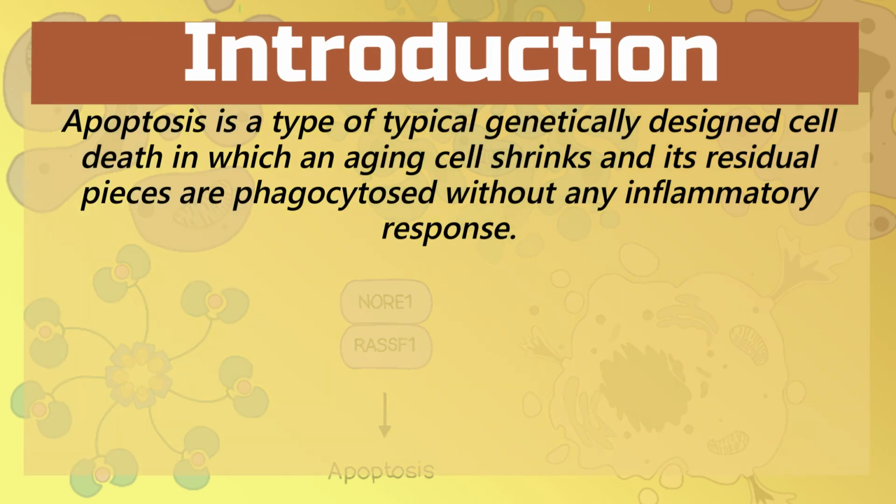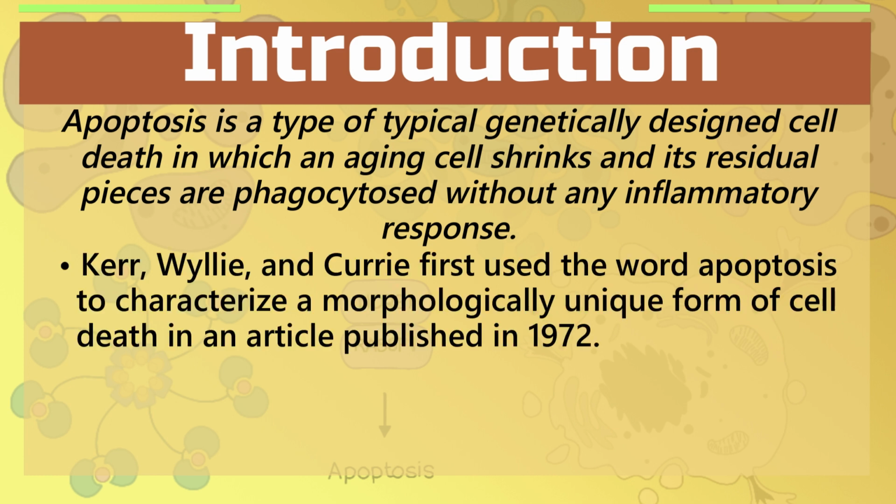It is a type of typical genetically designed cell death in which an aging cell shrinks and its resident pieces are phagocytosed without any inflammatory response. Kerr, Wyllie, and Currie first used the word apoptosis to characterize a morphologically unique form of cell death in an article published in 1972.